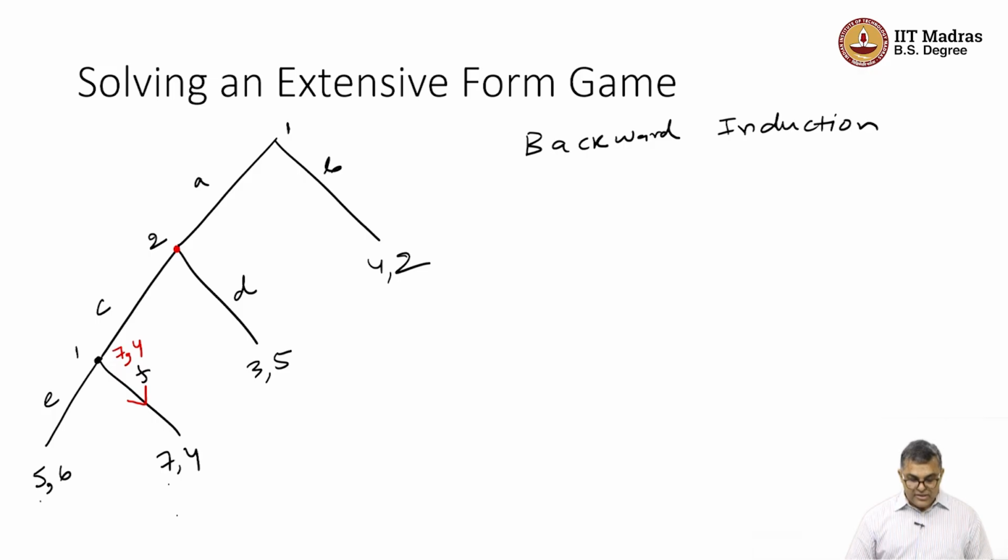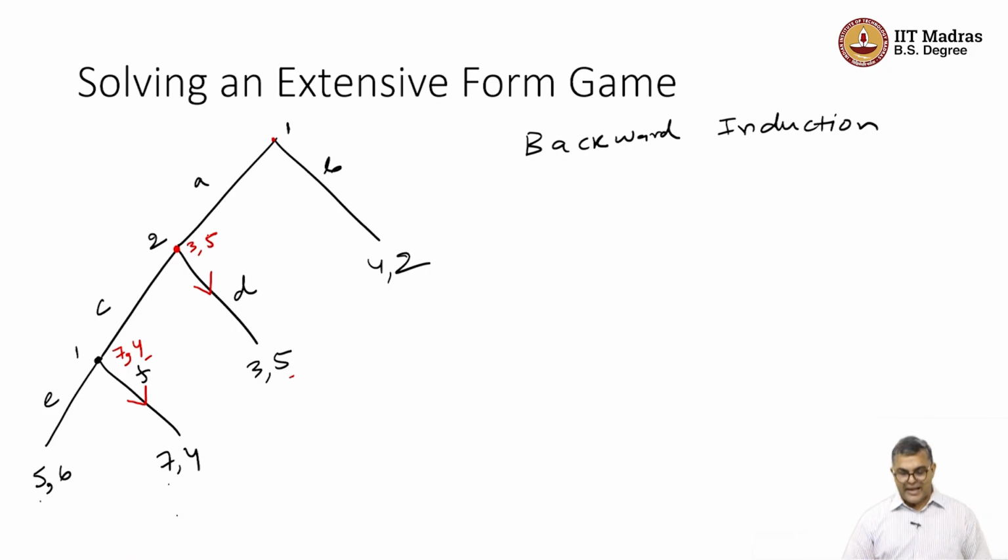So, player 2 now needs to compare between this 4 and 5, which is more? 5 is more. So, player 2 is going to play D, and in that case player 1 will get 3. So, player 1 is looking here, player 1 knows that player 2 is rational, and player 2 given an opportunity will pick D because D is better.